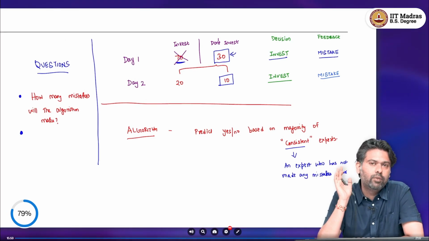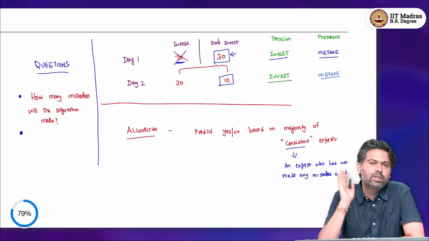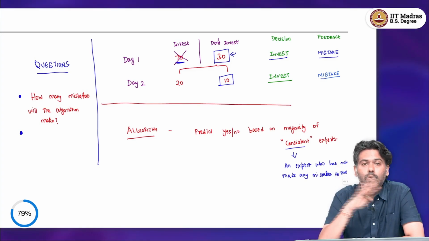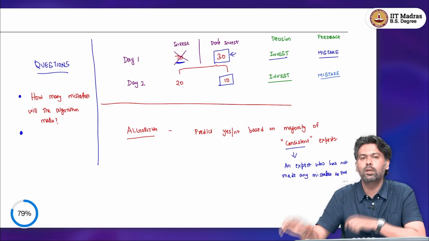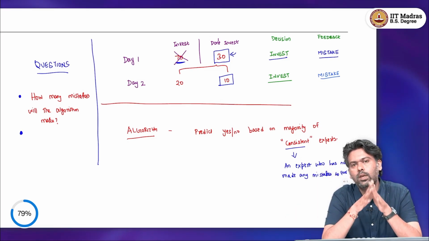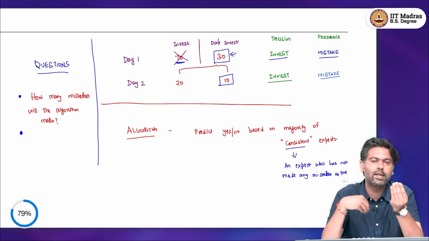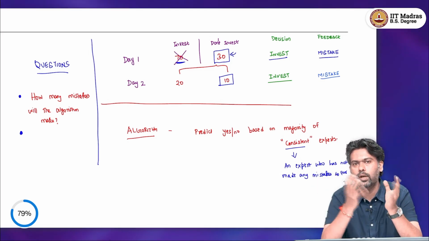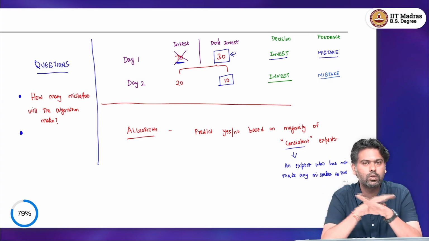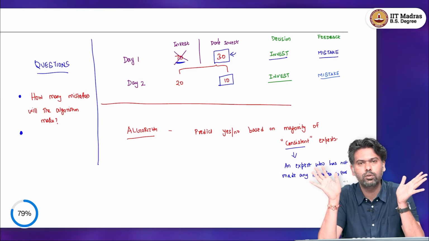Remember, if you have 100 friends, how many mistakes can your algorithm make in the worst case? I'm not giving you a specific case where these many people say yes and these many people say no on day one, and so on and so forth. So now analyze all possible situations.